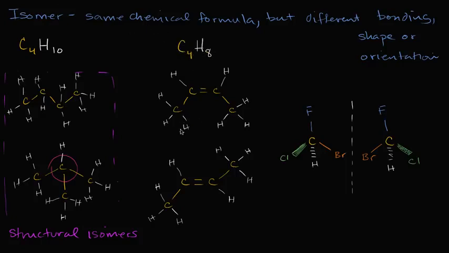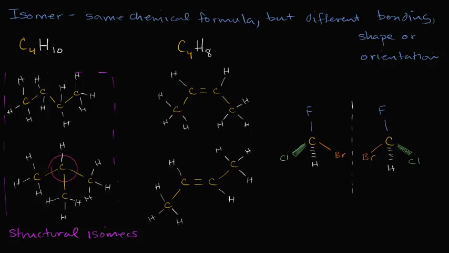It looks like they're bonded similarly. The left-hand side looks identical, and on the right-hand side, you have a carbon bonded to another carbon that's bonded to 3 hydrogens, and a carbon bonded to a hydrogen. So it looks like everything's bonded to the same things, but you might notice a difference.